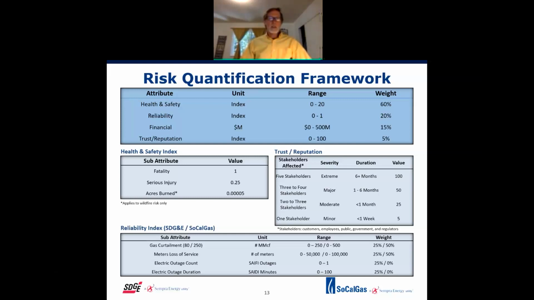Not to mention another utility that's not here, but I will mention another utility that's not here. PG&E had a lot of issues with trust and reputation when it first carried out its PSPSs, and if PSPS is not done properly, that does seem like something that should be thought about in employing that mitigation.